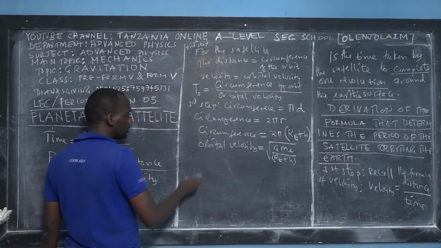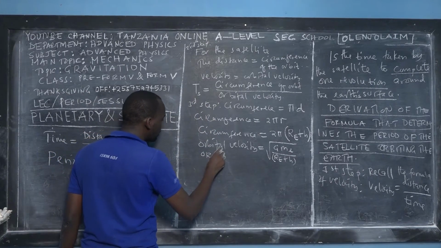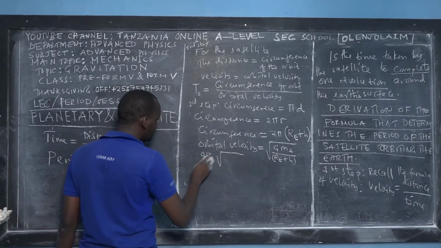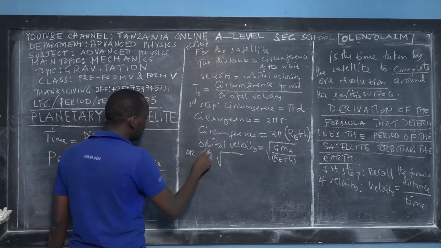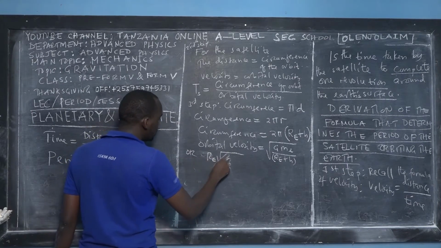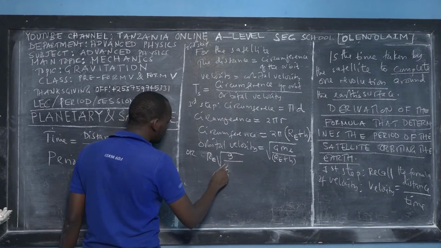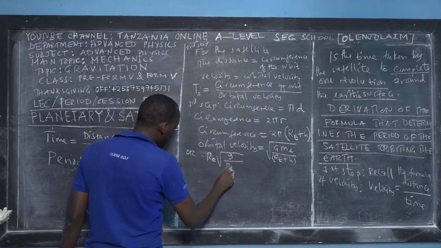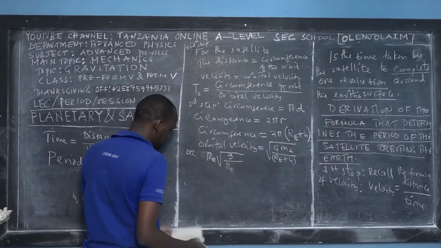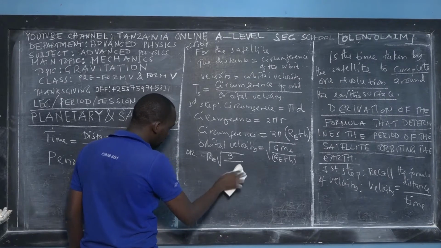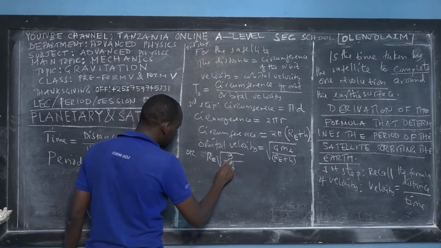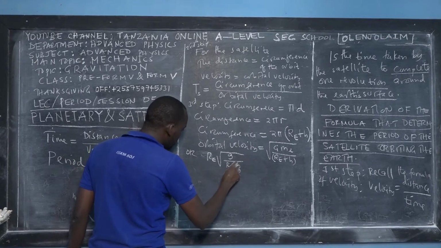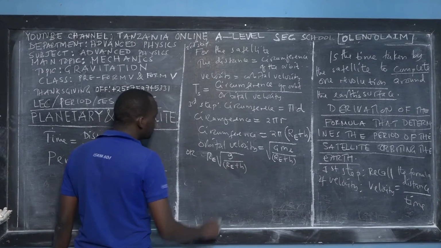Or the other one is equal to the square root of the radius of the Earth times the acceleration due to gravity, over the radius of the Earth plus the height.